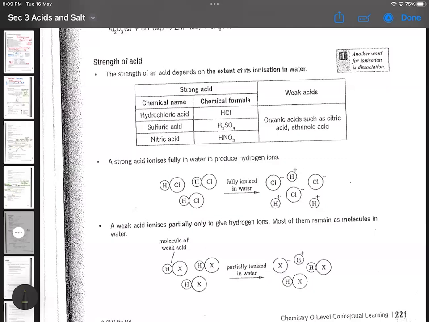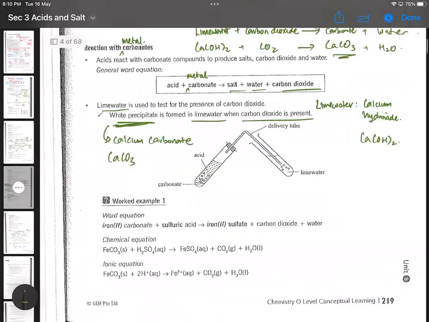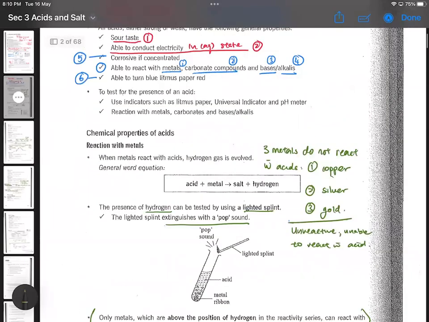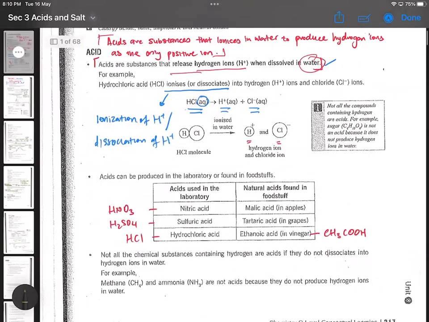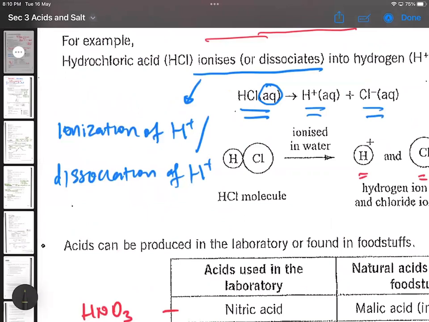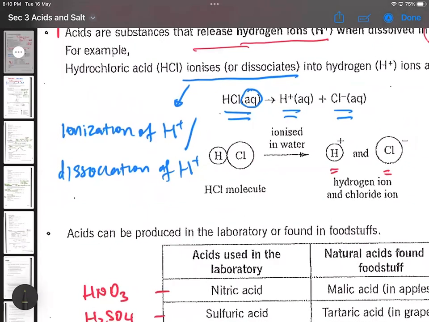Okay, let's look at strength of acid. For the strength of acid, it says it's the extent of ionization. Let's go back to the front portion again. What is ionization? Right at the beginning, we defined acid as any substance that undergoes the production of H plus ions.